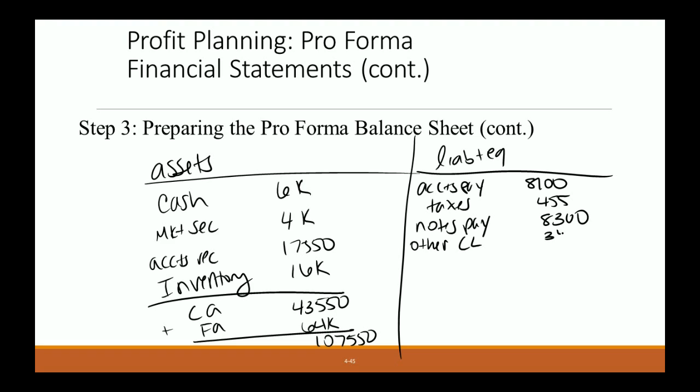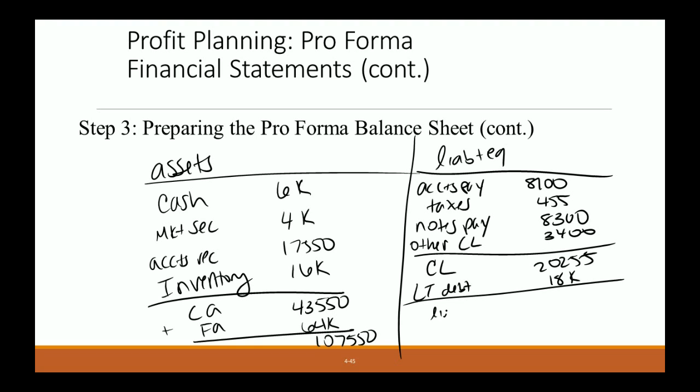So they remain constant at $3,400. So that gives us current liabilities of $20,255. Our long-term debt also remains unchanged, assumption number 3. So that gives us our total liabilities of $38,255. Common stock also does not change at $30,000.